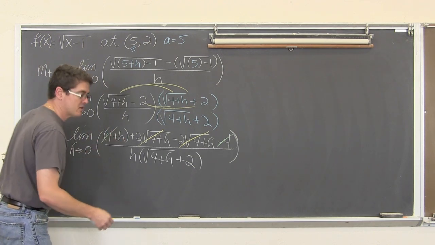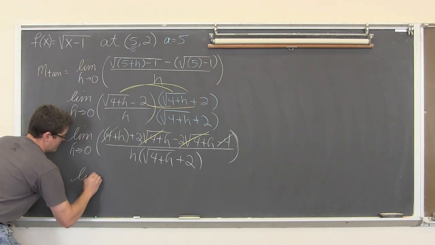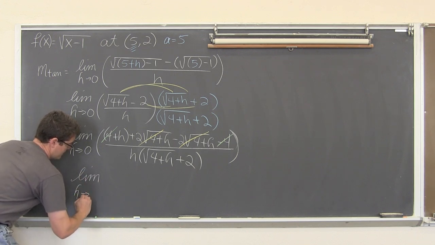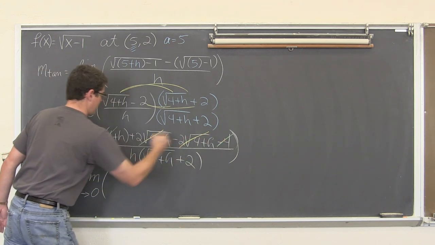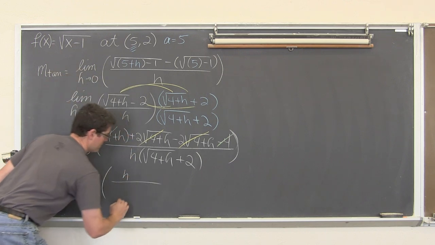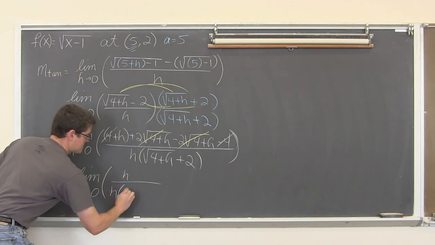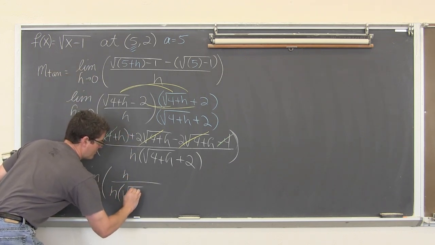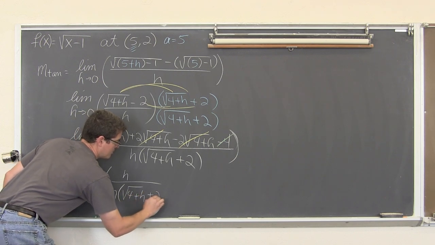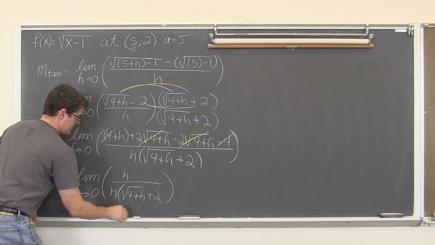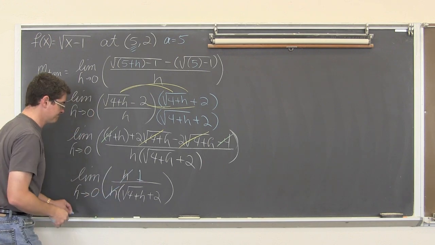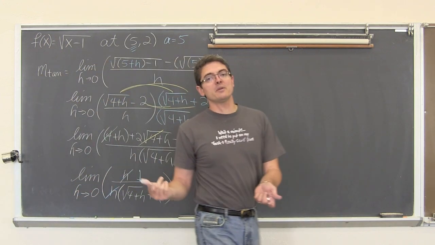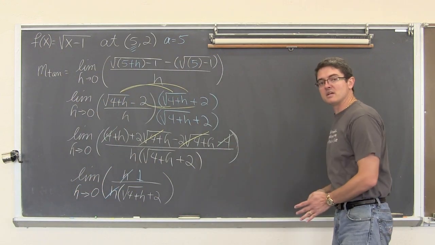But just to make sure you can follow my work here, we'll do one more line. The limit as h approaches 0 of h over h times the square root of 4 plus h plus 2. These h's cancel out, leaving me with just a 1 in the numerator. And I can plug in 0 now and not get an answer that's undefined.